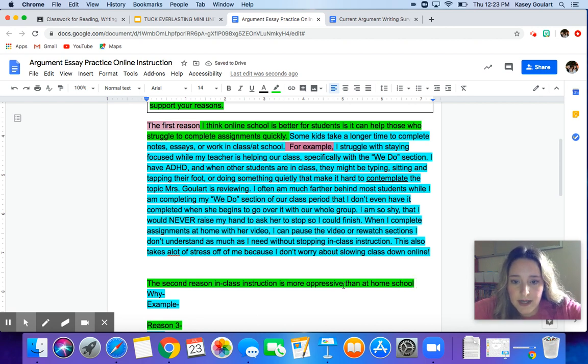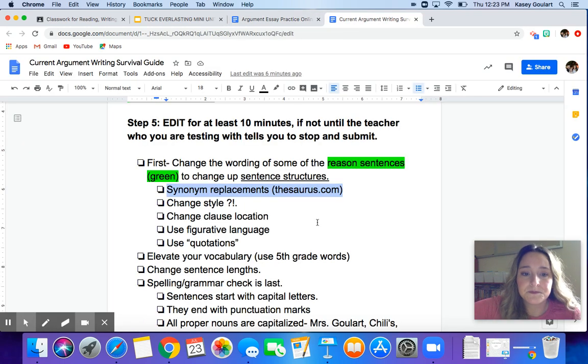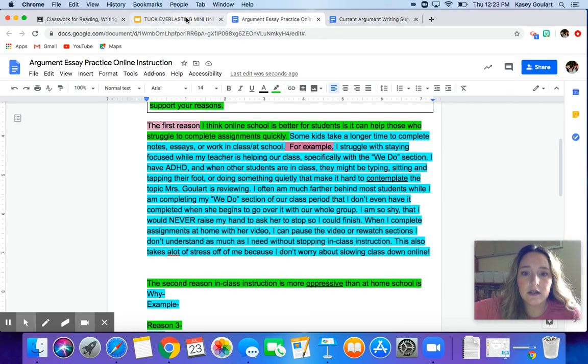And I'm underlining oppressive because that is one of our vocab words. It means more heavy. Now, would I say that in day-to-day life? Maybe not. But since I'm trying to make my vocabulary elevated, make it more fancy, as we call it, more formal, I'm going to do that. Is more oppressive. I keep clicking over here. I've used oppressive.